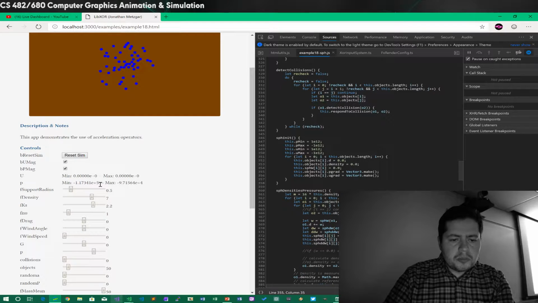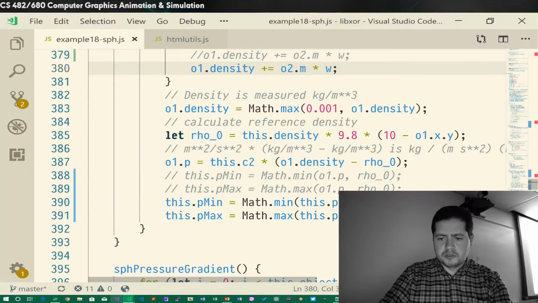Okay, so it goes from minus 10,000. If we go really small, it didn't make much of a difference.